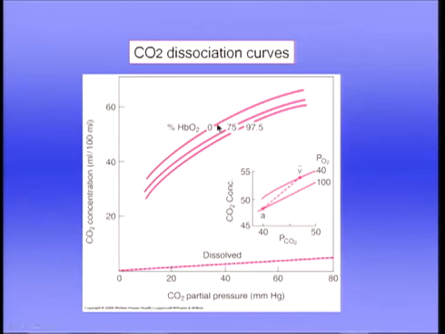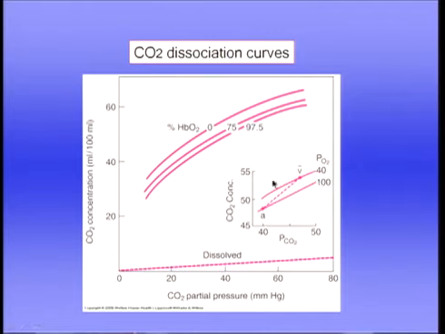We mentioned that before when we were talking about the uptake of CO2 by the red cell, and that is the Haldane effect. So when you've got no oxygen in the red cell, you can take up an enormous amount of CO2, but even mixed venous blood with an oxygen saturation of 75% can take up more than arterial blood with an oxygen saturation of 97 or so percent.